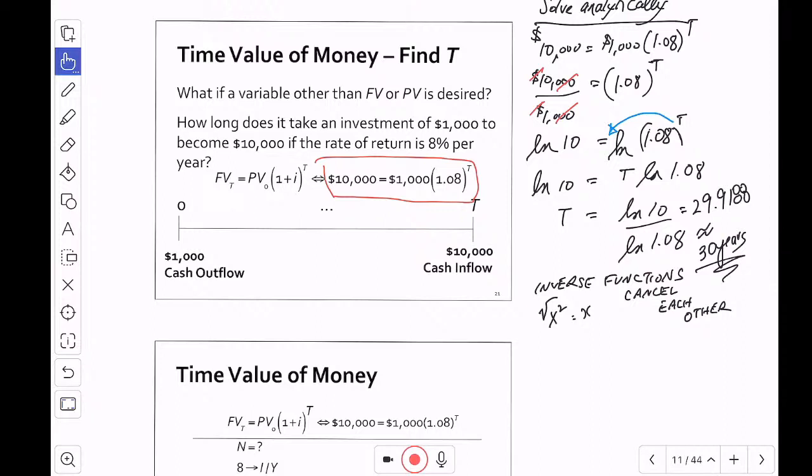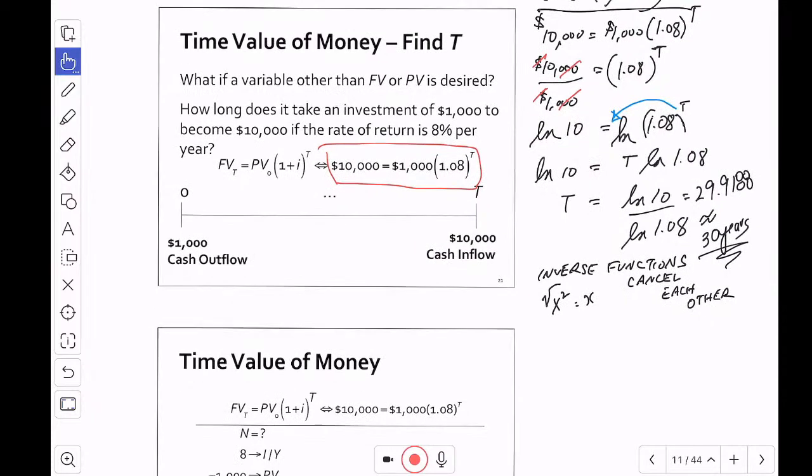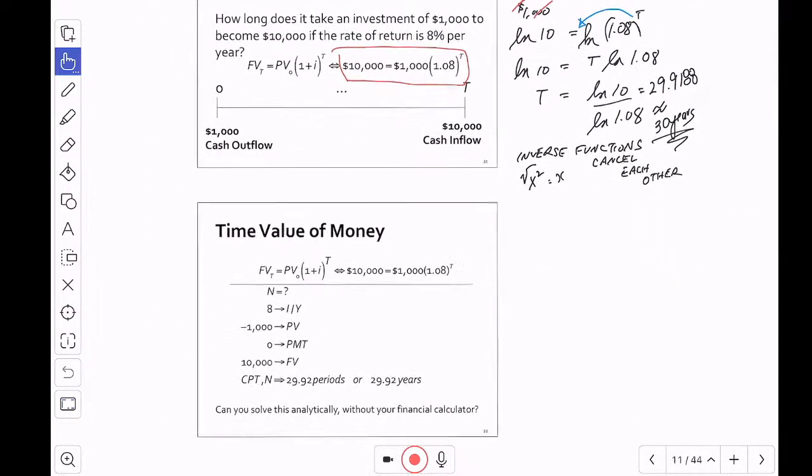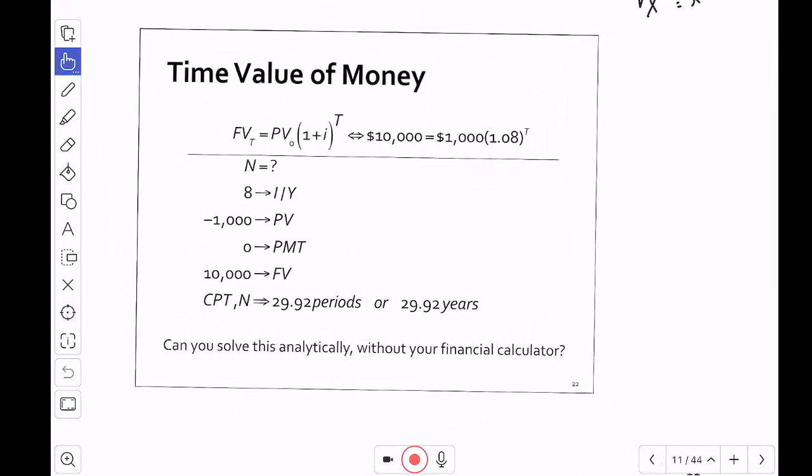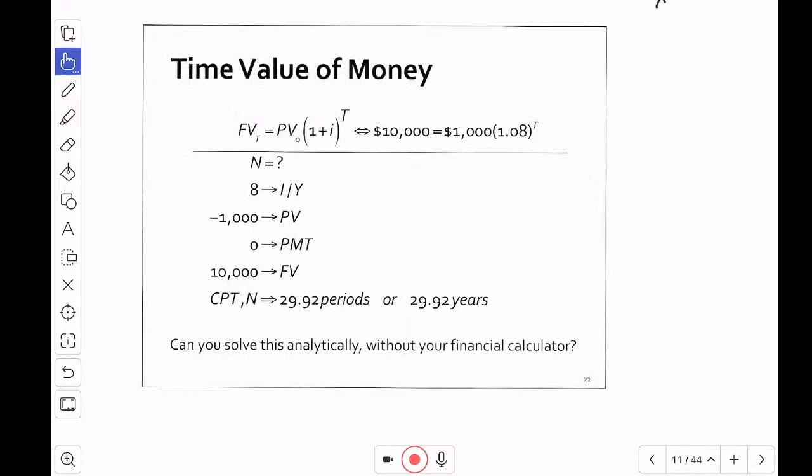Again, because we are entering both the present value and the future value, be careful about the signs. If you don't enter the signs correctly, or at least differently, one positive, one negative, you will get an error. You won't get the answer. So this is how you enter, using the time value of money row from left to right.